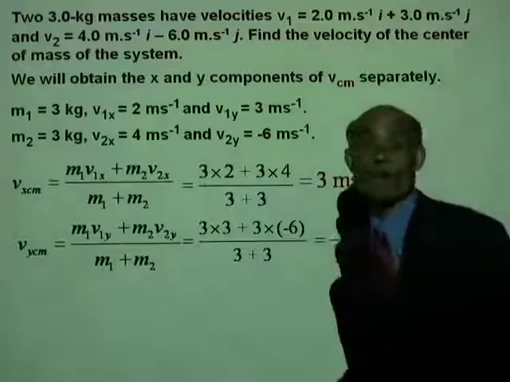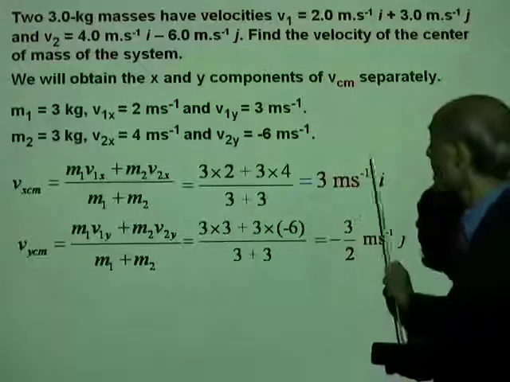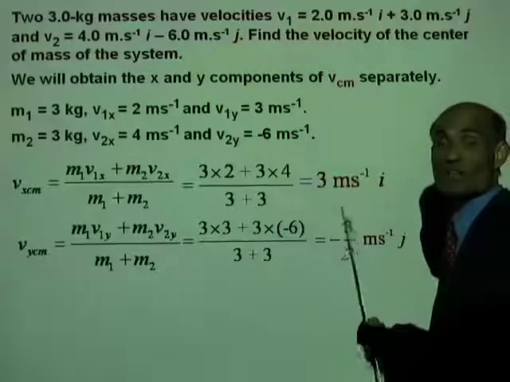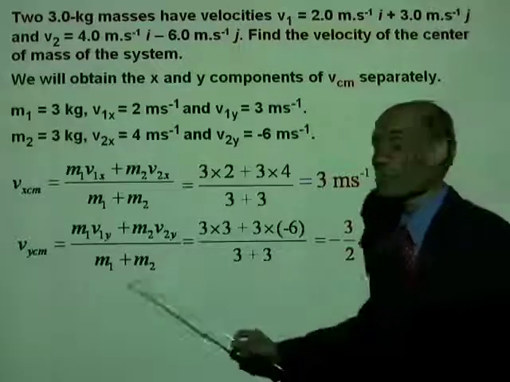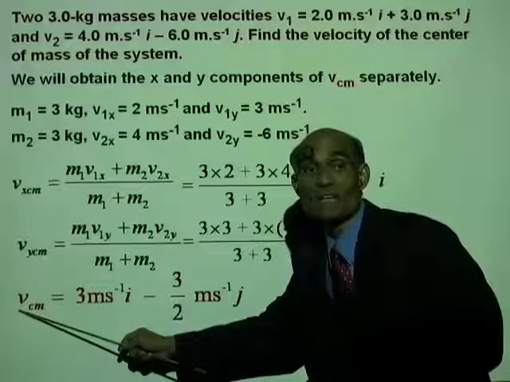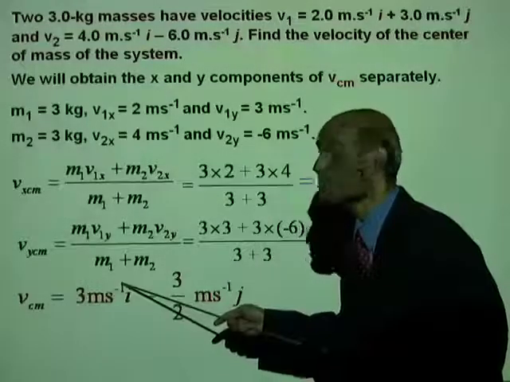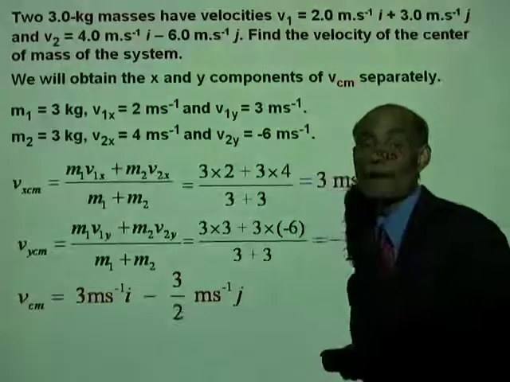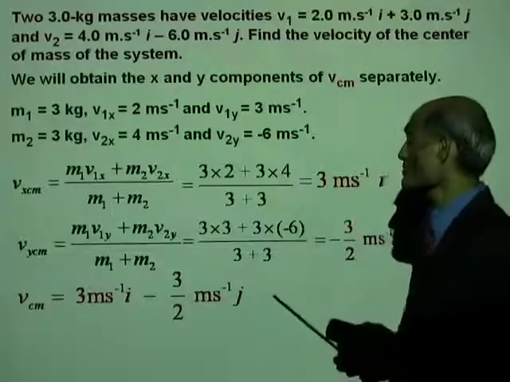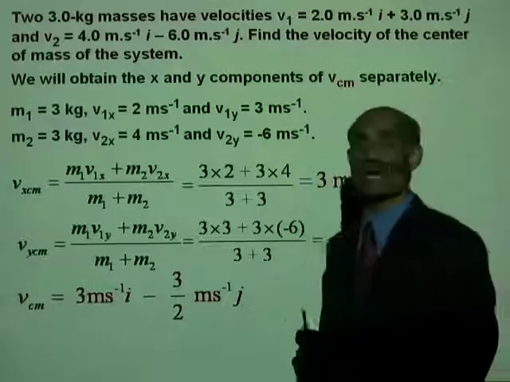So the velocity of the center of mass now has an x component and a y component. Putting it all together, we get velocity of the center of mass is 3 meter per second i minus 3 over 2 meter per second j.